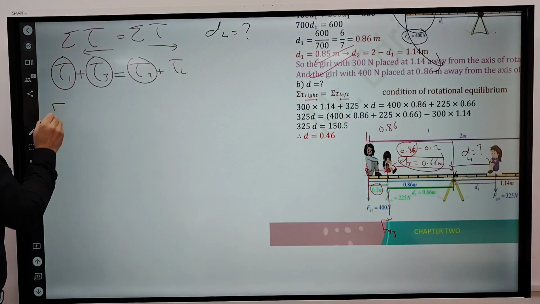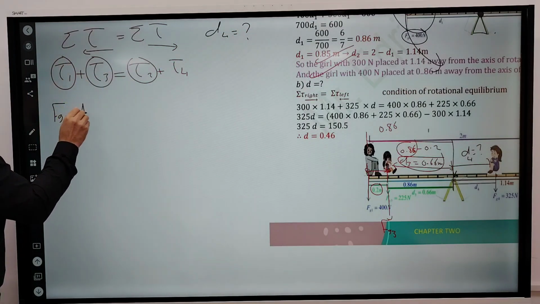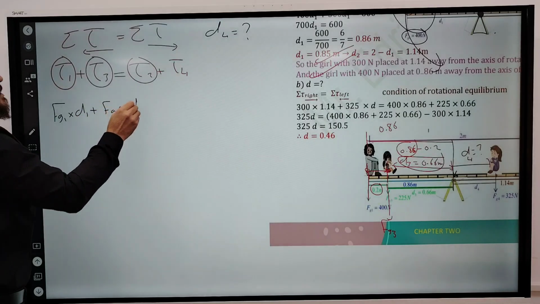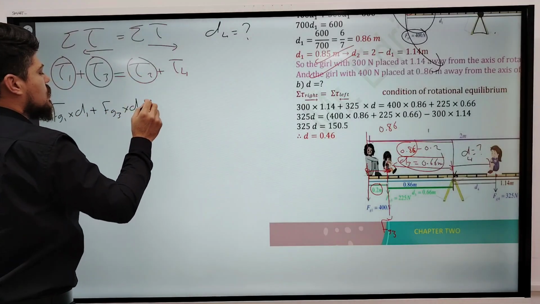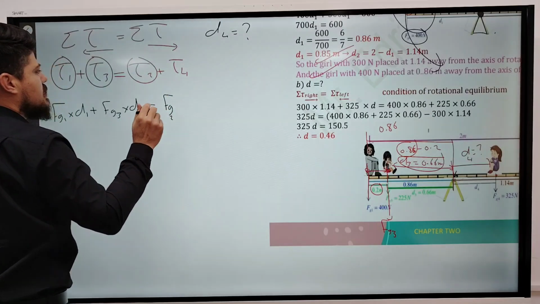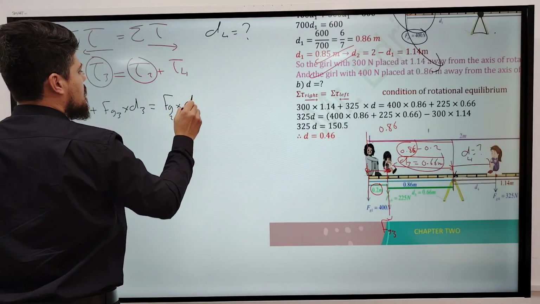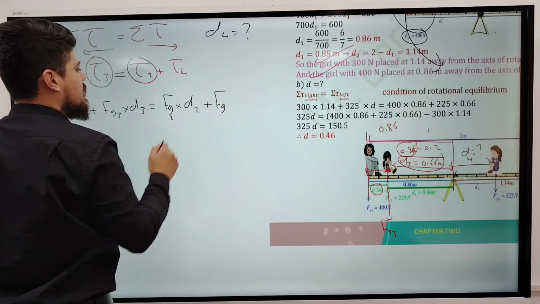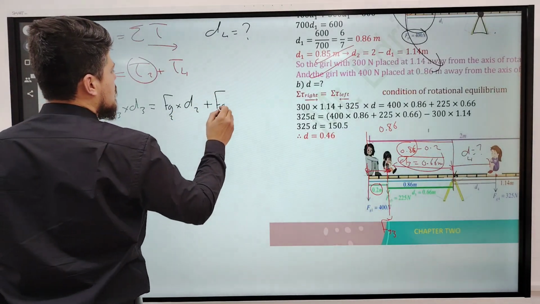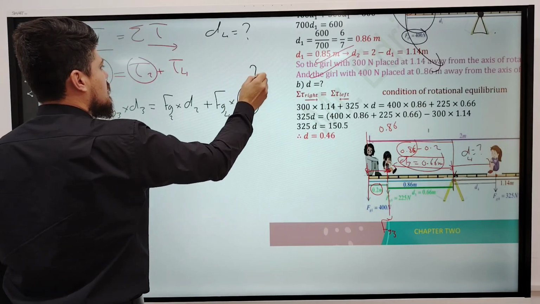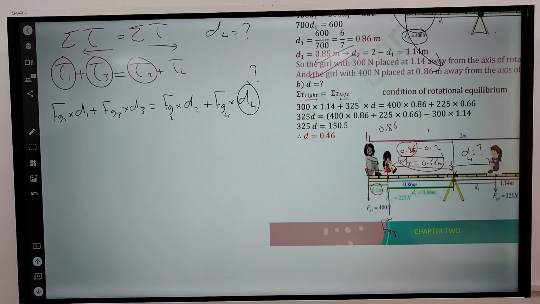Torque number 1 is equal to Fg1 times D1 plus Fg3 times D3, which equals torque number 2: the gravitational force of the second child, 300 Newton, times its distance from the axis of rotation, plus the gravitational force of the last child, Fg4 times D4. What is unknown? This D4 is unknown. Okay?